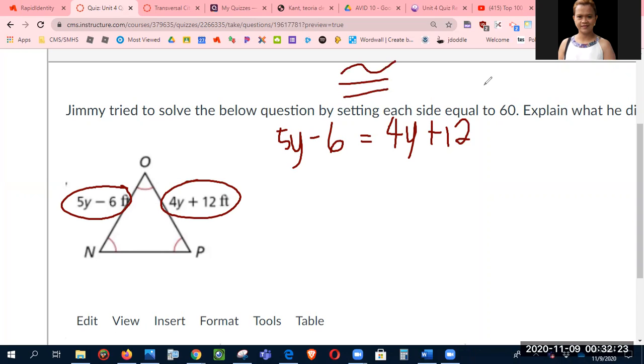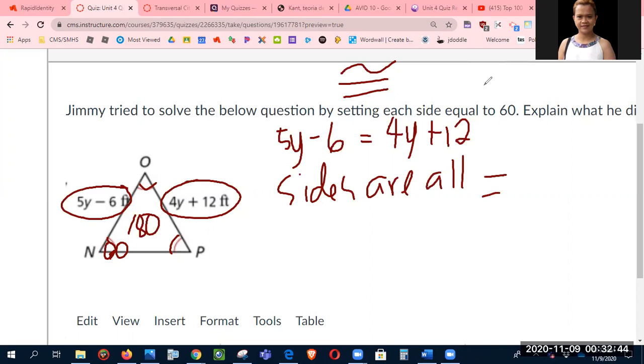This is an equilateral triangle. If the interior angles sum to 180, each angle is 60. There's nothing to do with the sides; the sides are all congruent, which means he should have set the expressions equal to each other. That's the explanation, and that's the correct way of solving it.